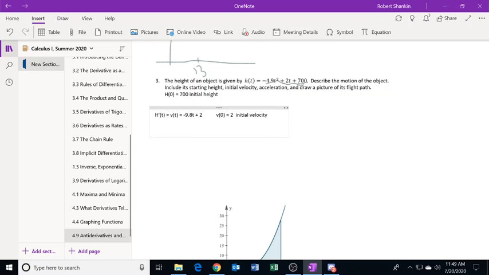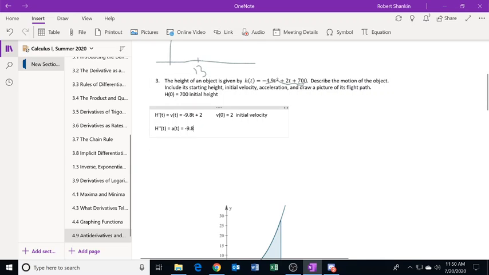And when you take h double prime, that's your acceleration. And taking the derivative of this is negative 9.8. The 2 drops off. And the acceleration stays constant.